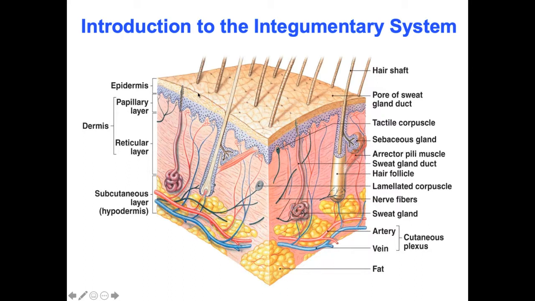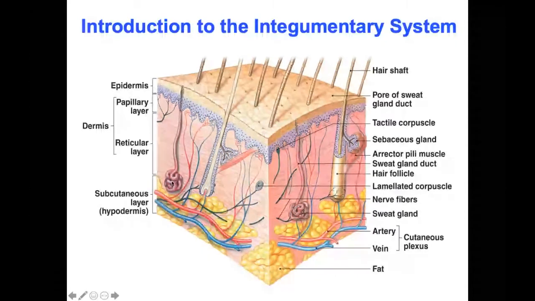You have many layers of stratified squamous epithelium up here. We have different types of connective tissue in the dermis. Okay, we have some arteries here. We have blood vessels here. We have some glands. We have an oil gland and a sweat gland.